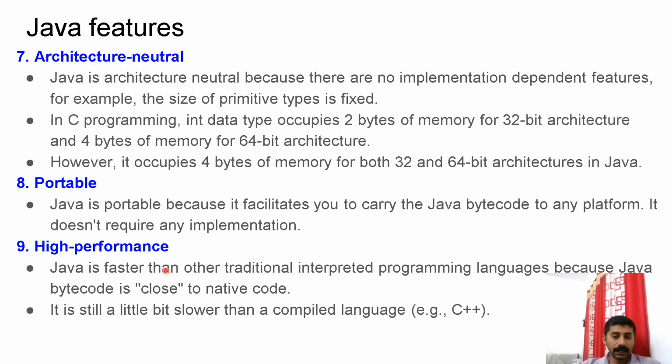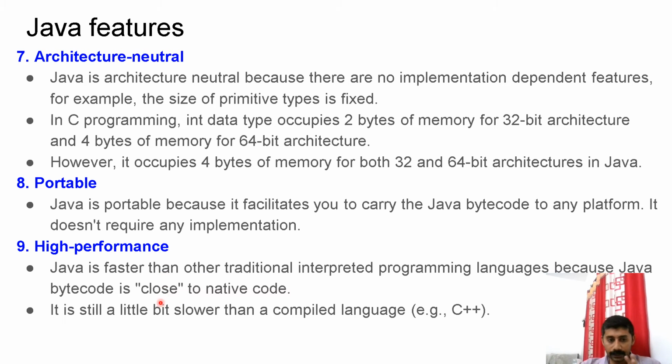High performance. Java is faster than other traditional interpreted programming languages such as BASIC. Java is faster because Java bytecode is very close to native code, so the translation from bytecode to native code won't take much time. Even though it is interpreted, Java is much faster compared to any other interpreted language.